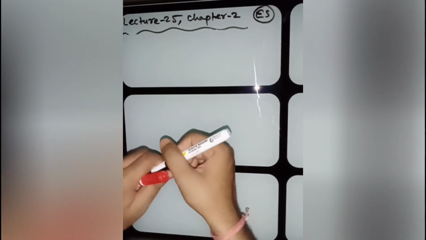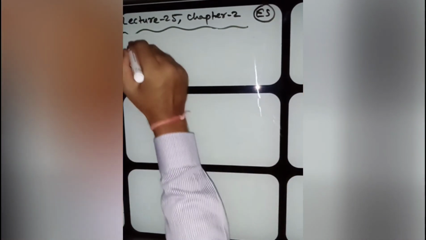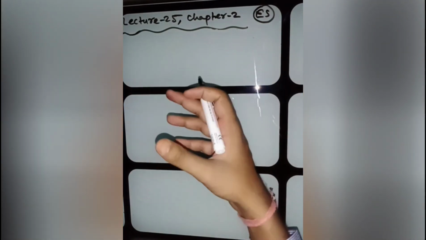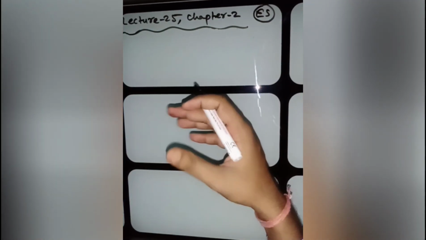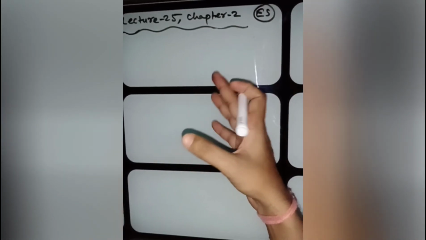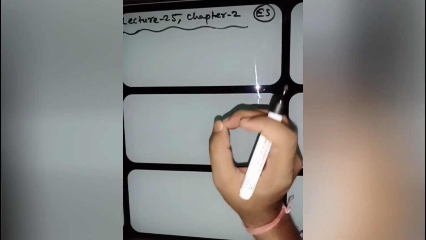You can write the question also. The same question has been asked in board: derive the mathematical expression for the capacitance of a parallel plate capacitor due to insertion of a dielectric of thickness T.